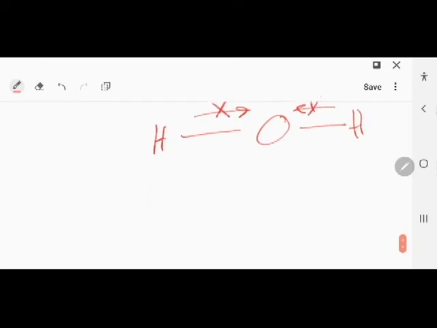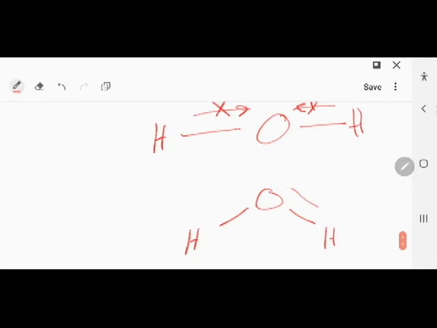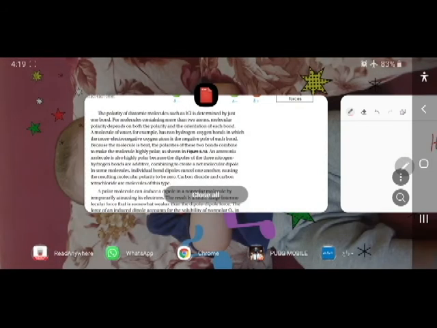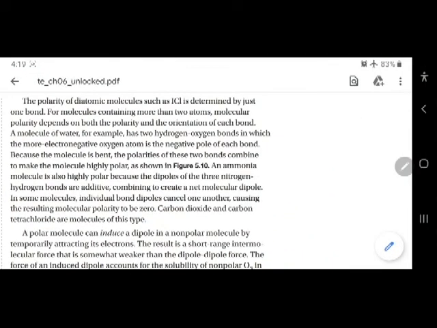But because the shape of water is angular, we will have a net polarity side, so water is a polar compound. So we could have a polar bond, but the molecule is non-polar, which is determined by the shape of the compound itself in 3D.